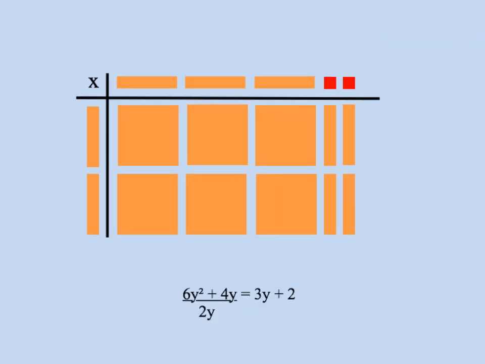And here I have it modeled with tiles. We have the same answer, just a little bit neater. 6y squared plus 4y divided by 2y was equal to 3y plus 2.